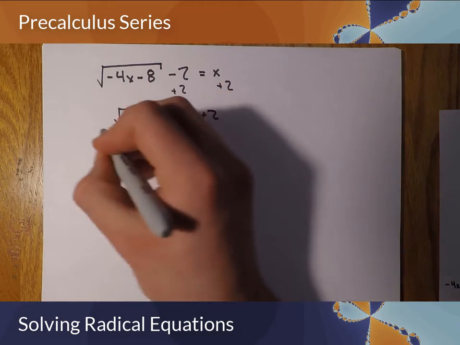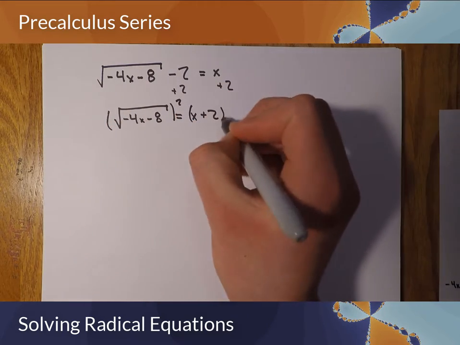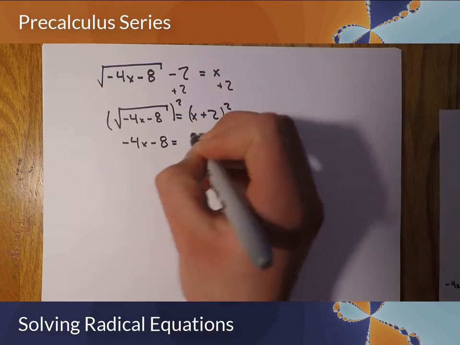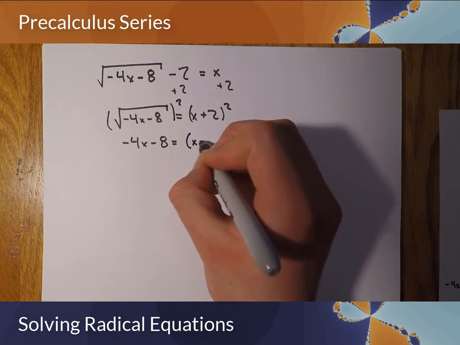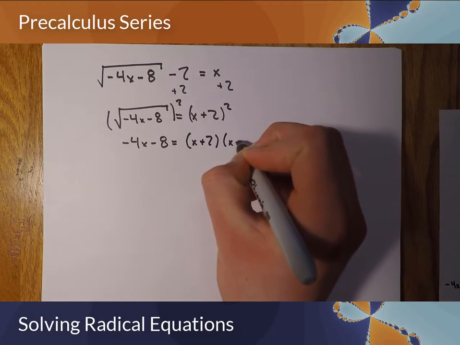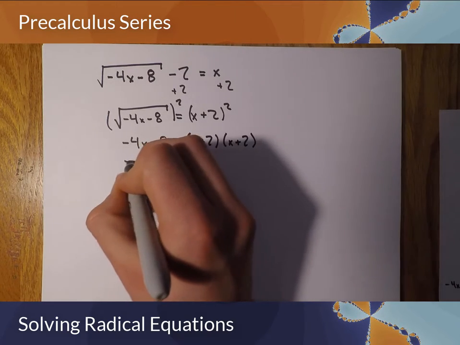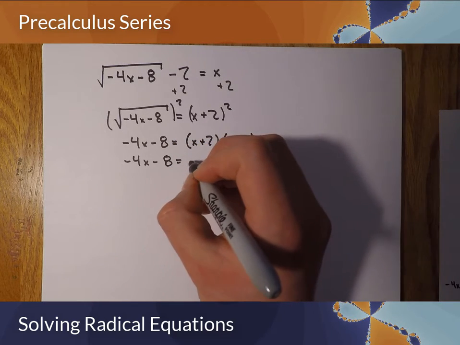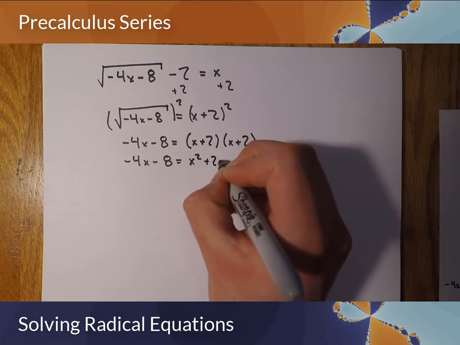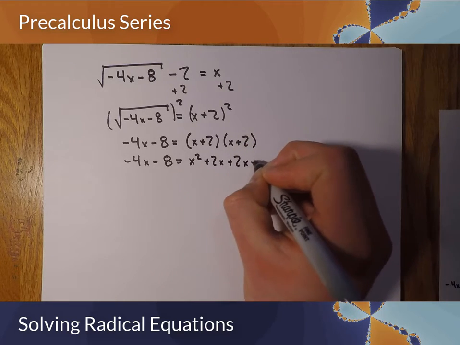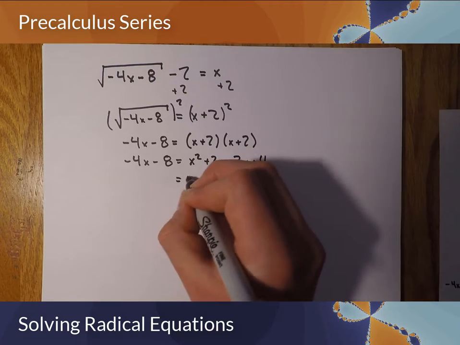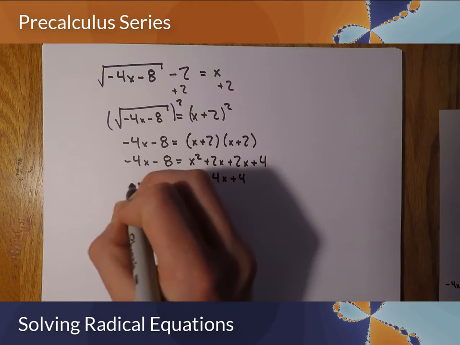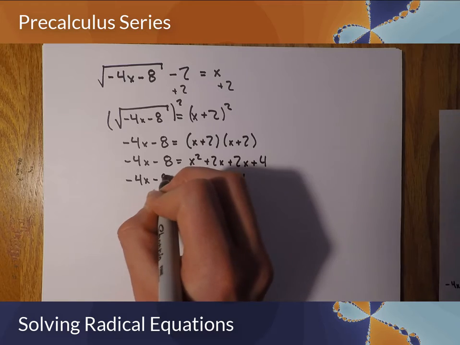So now what we have to do is we want to get rid of the radicals, so we square both sides. And what we get is negative 4x minus 8 equals x plus 2 times x plus 2. And so if we expand this out, we get x squared plus 2x plus 2x plus 4, which then simplifies down to x squared plus 4x plus 4 equal to negative 4x minus 8.